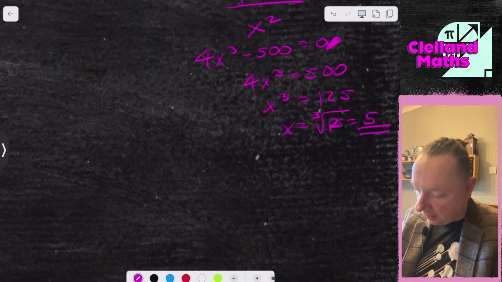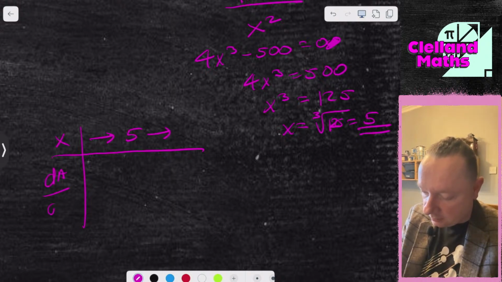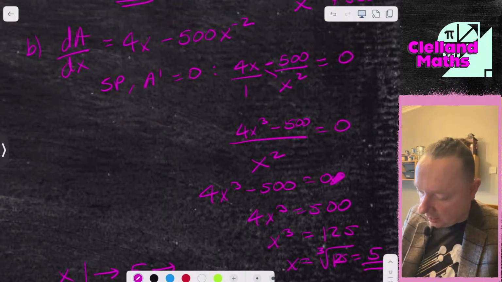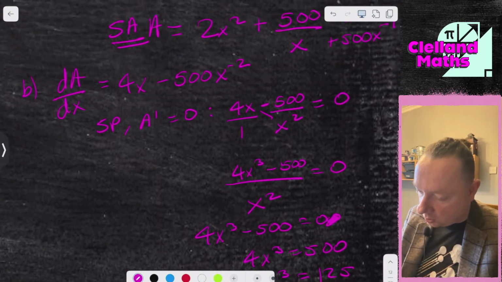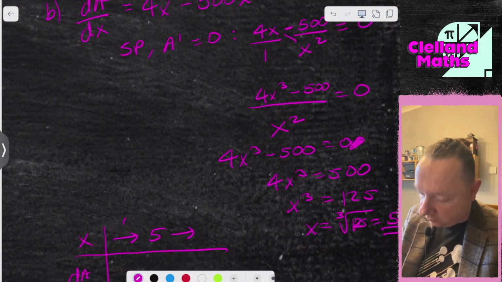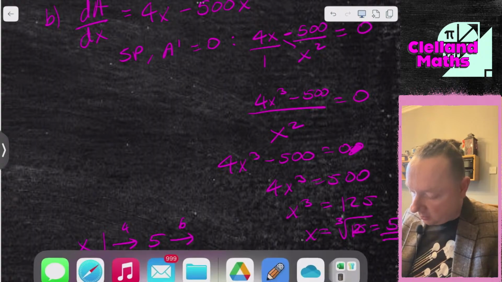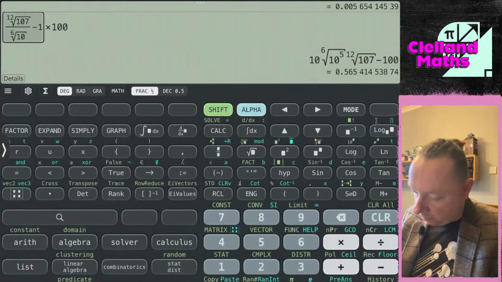So we need a nature table, along to 5 and along dA by dx. So dA by dx, remember, was 4x minus 500 over x squared. So let's just pick 4 and 6. Now, if you ever get stuck, you can get your calculator out.